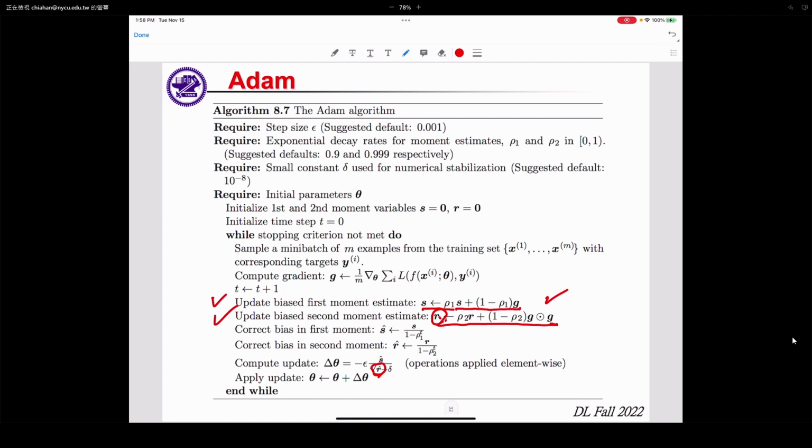So when you apply the momentum, here S, we need to go through a correction term, and then it's just here. Okay, so the first thing is that we apply the momentum. And you can see this is G, and this is G times G. That's why at the end you have to take the square root.